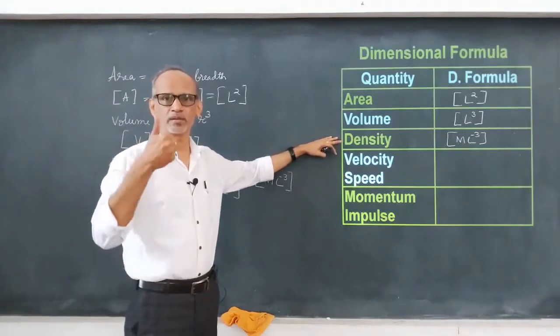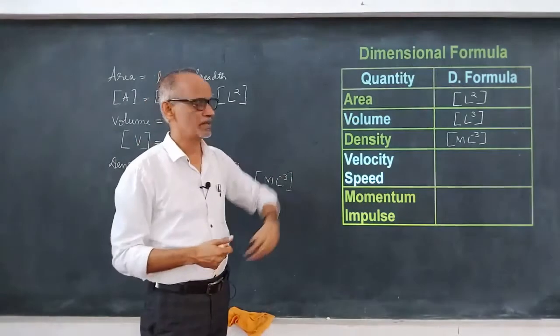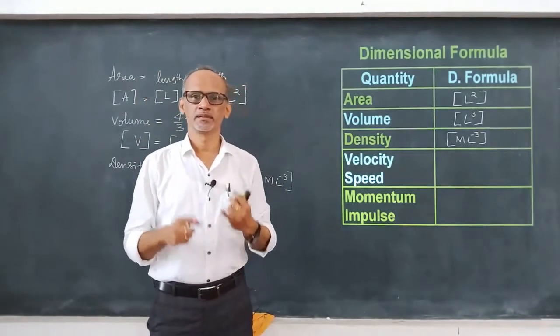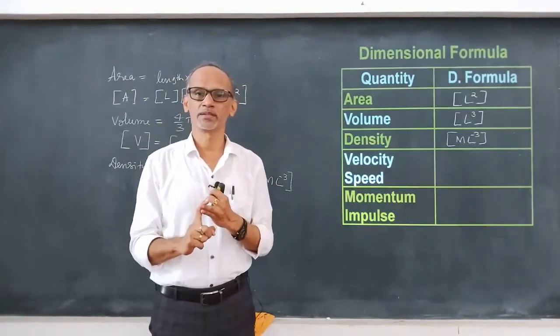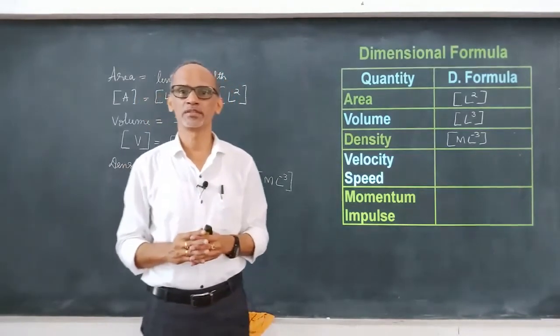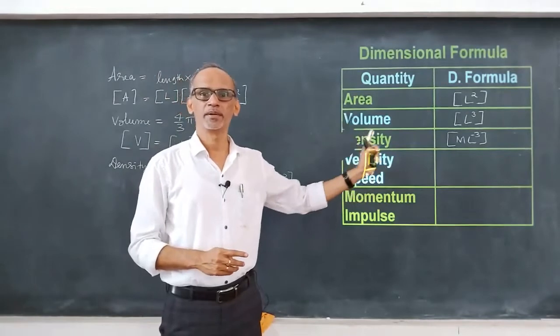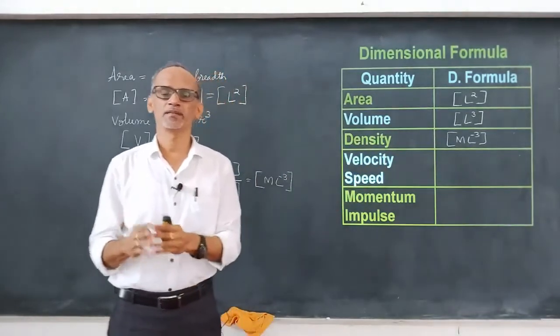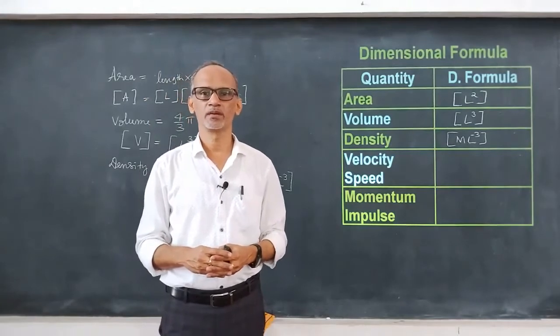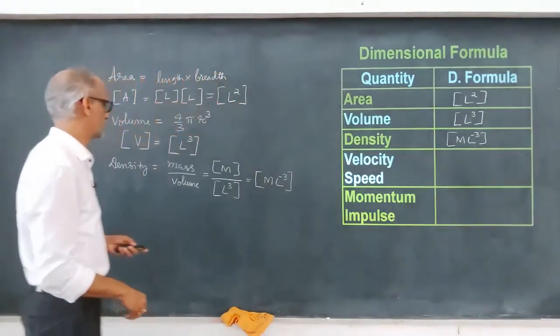One, it depends on the mass, and the other on the length. Which are the two fundamental quantities on which it depends? The formula is mass by volume, that's true, but it depends on the mass and the length, and it is independent of all other fundamental quantities. I hope you are clear with this.